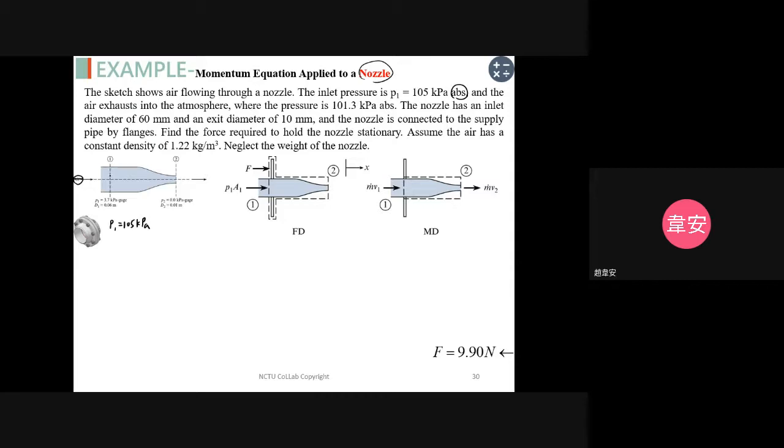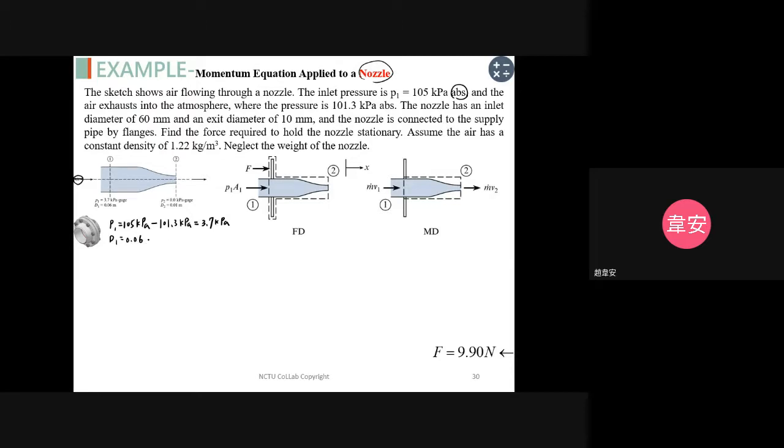So for the gauge pressure at cross-section 1, we need to subtract the environment pressure of 101.3 kilopascal. So the gauge pressure at cross-section 1 is equal to 3.7 kilopascal. And the nozzle has an inlet diameter D1 equal to 0.06.